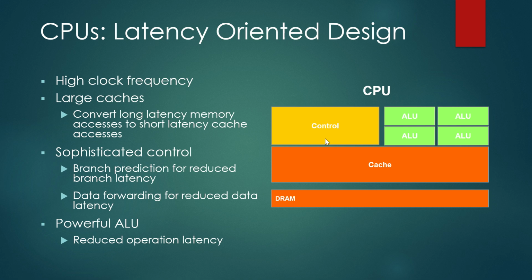And the reason for the huge amount of transistors that is set aside for the control logic is for things such as branch prediction. So that helps reduce, if you do predict it right, you don't end up having to flush out the pipeline. But you do take hits when that doesn't work out. So large caches to convert long latency memory accesses.